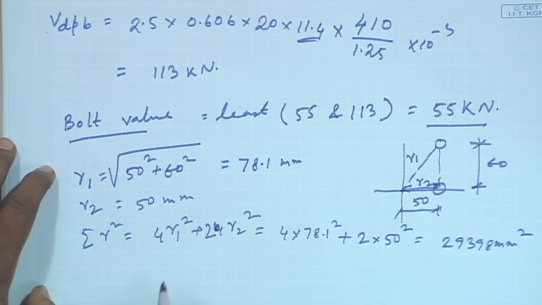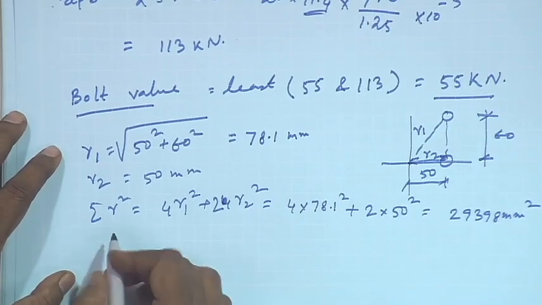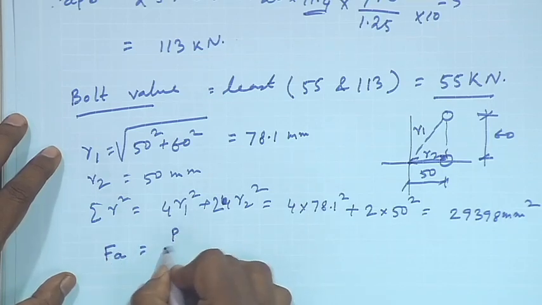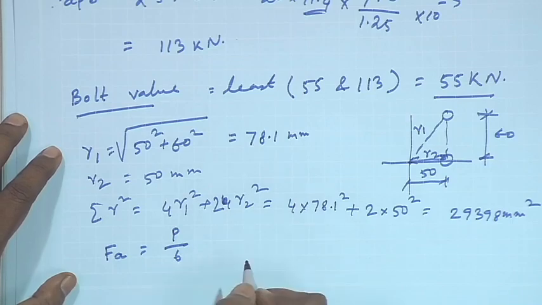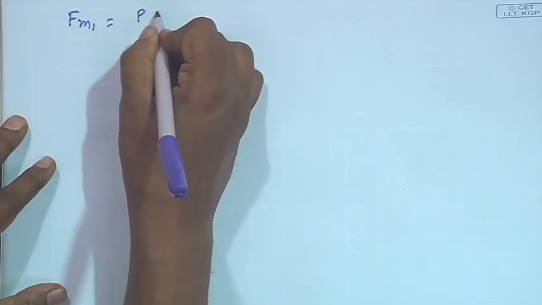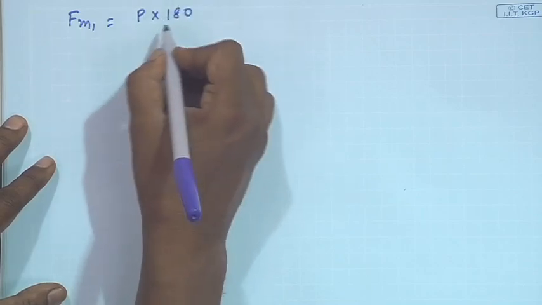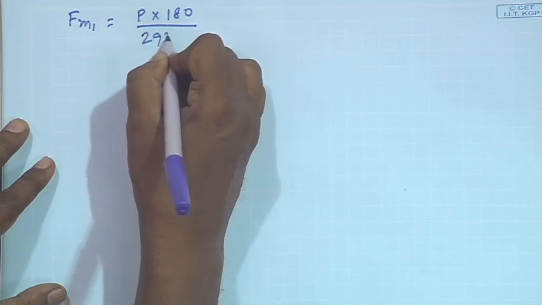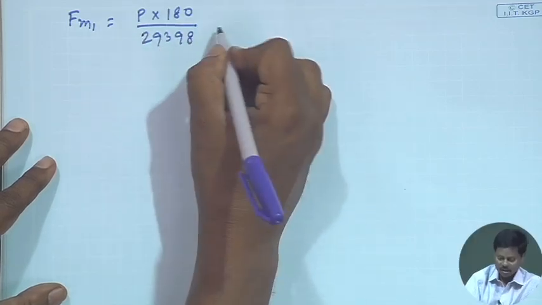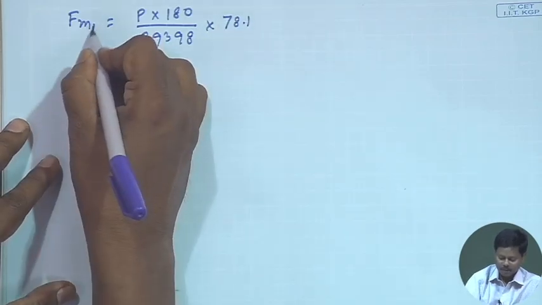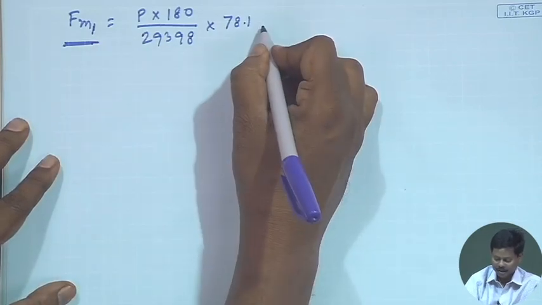Now the force due to direct load in each bolt will be Fa is equal to P by 6, right, and force due to moment Fm1 will be P into E, which is 180, this is the moment, by summation R square, that is 29398, into R, means 78.1. This is Fm1, bolt number 1, which we have marked at the extreme end.